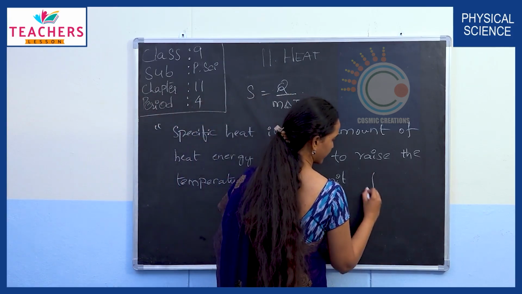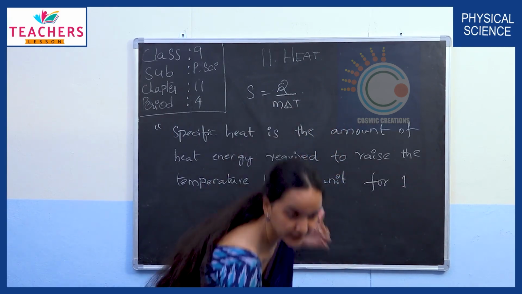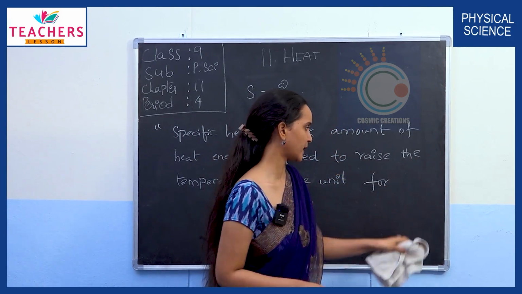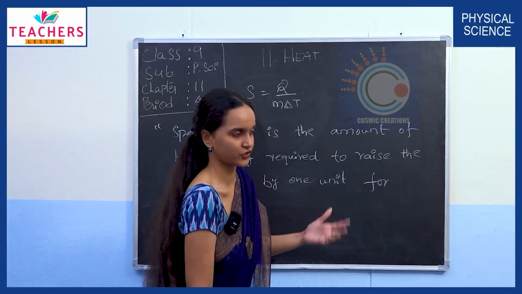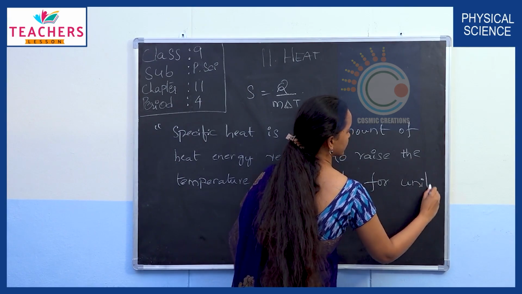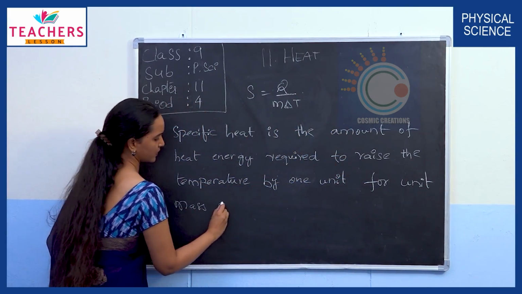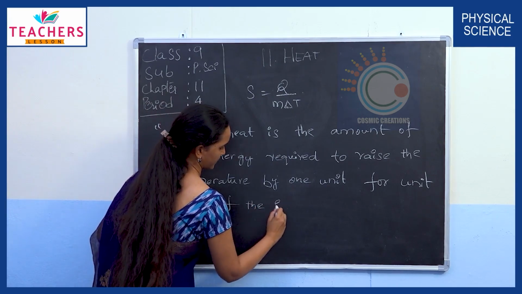By 1 unit for 1, or I can say unit. Instead of saying 1 gram or 1 kg, I can say for unit mass of the substance.